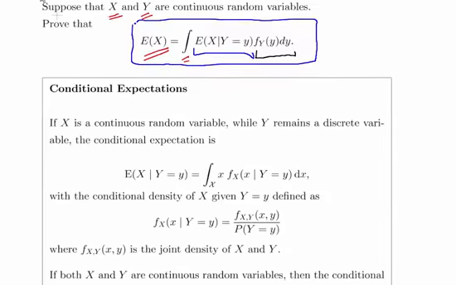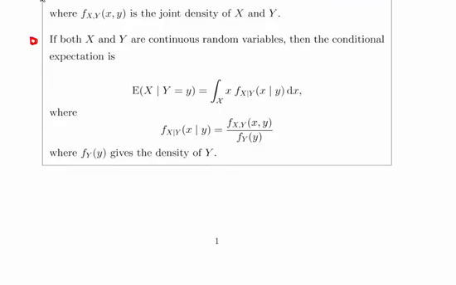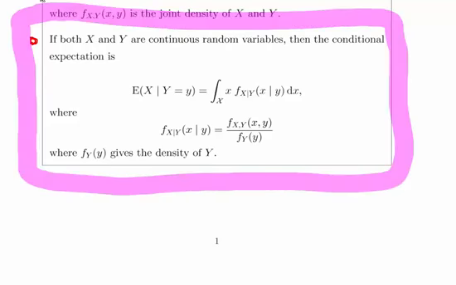Now, there are two cases here. There's a case where x is continuous and y remains discrete. We're not interested in that. The second case down here is where both are continuous, and that is the one we need to work with. The conditional expectation can be expressed as the integral of x times the conditional density, dx.